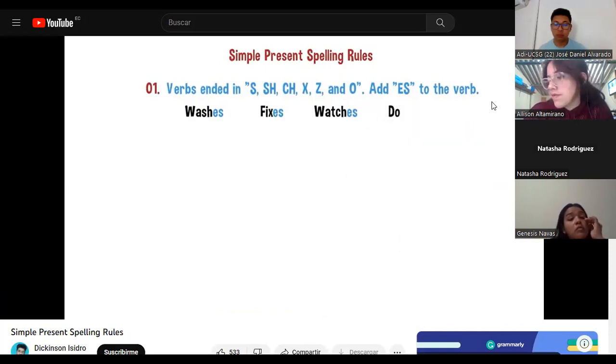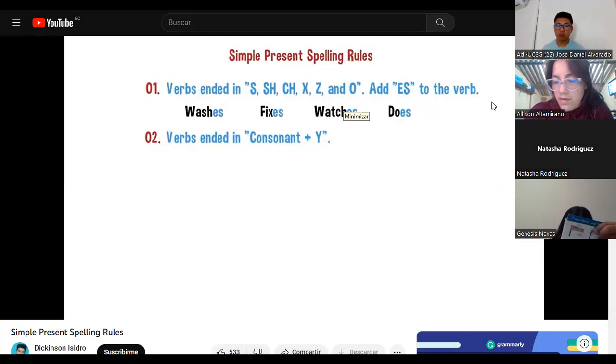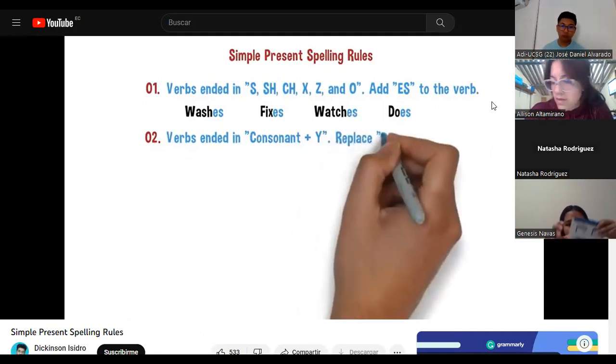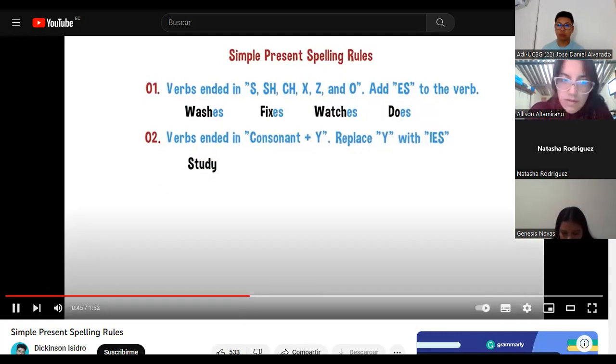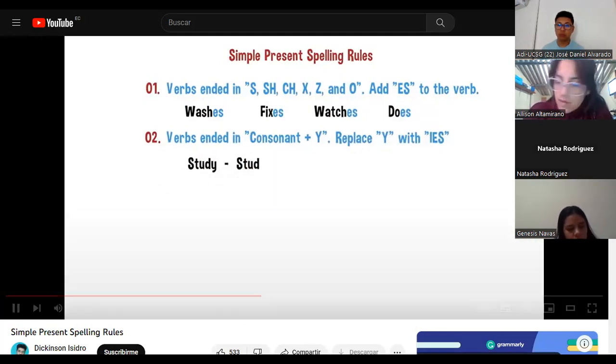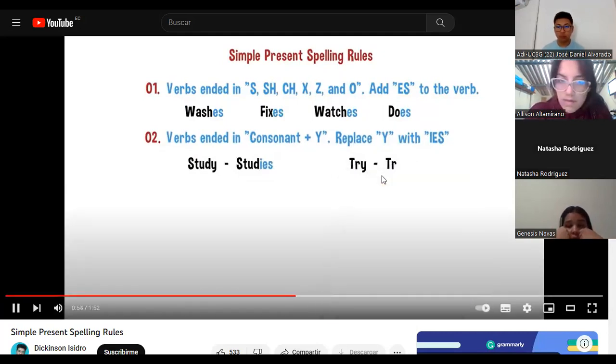Do, does. Rule number 2. Verbs ended in consonant plus Y. Replace Y with IES. Study, studies. Try, tries.